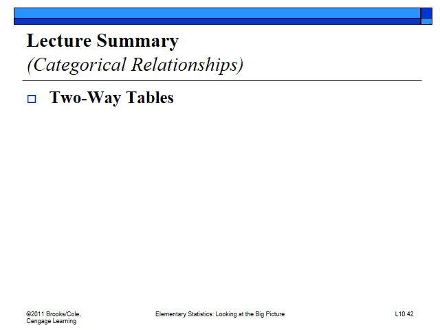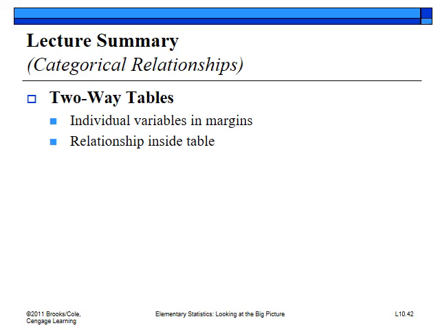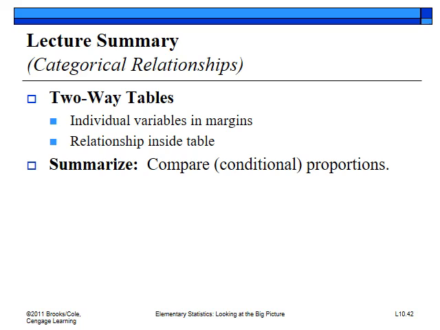So, in summary, we looked at creating and using two-way tables to explore relationships between two categorical variables. The individual variables go in the margins, and the relationships inside the table. We'll put the explanatory values as labels for the rows, response as labels for the columns. We talked about summarizing the relationship by comparing the conditional proportions or percentages.